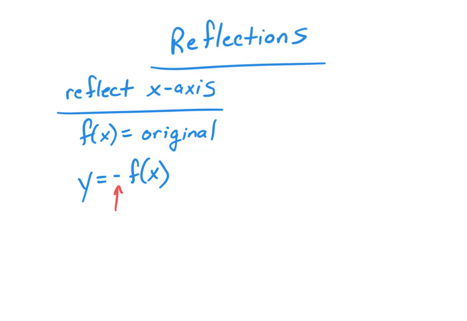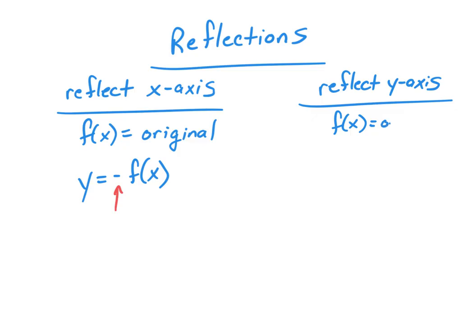The other type of reflection, and this one's probably not as common, is a reflection in the y-axis. We haven't seen this one quite as often. Once again, if f of x is my original function, then here we're going to say y equals f of negative x.